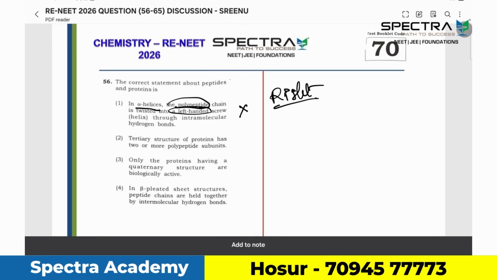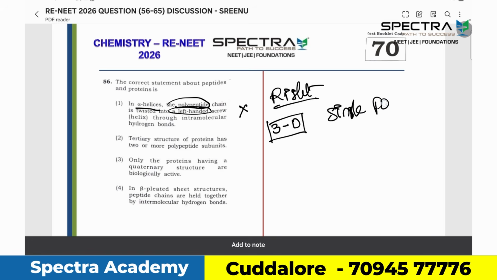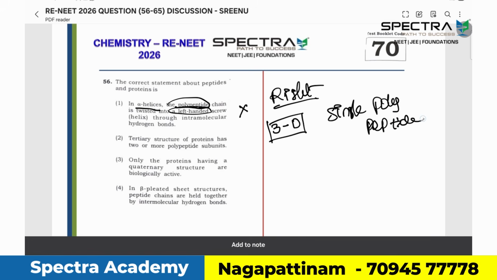You can go to the second statement. Tertiary structure of proteins has 2 or more polypeptide subunits. Generally, tertiary structures are 3-dimensional structures with only a single polypeptide, not 2 or more. So the second statement is also wrong.